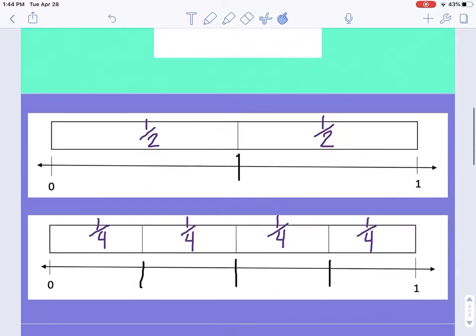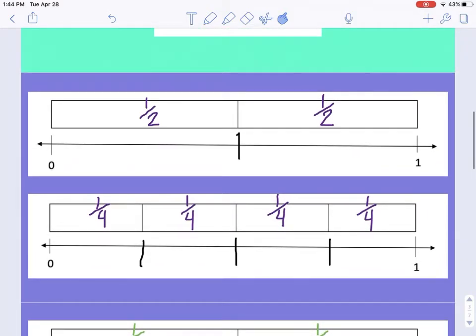Okay, so here I can see I have some halves and I have fourths. Now I can tell if a fraction is equivalent to another fraction when it lands at the same spot on the number line. So from here to here, I have 1/2, and I'm trying to see in my fourths, where does it also land at the same spot as that half?